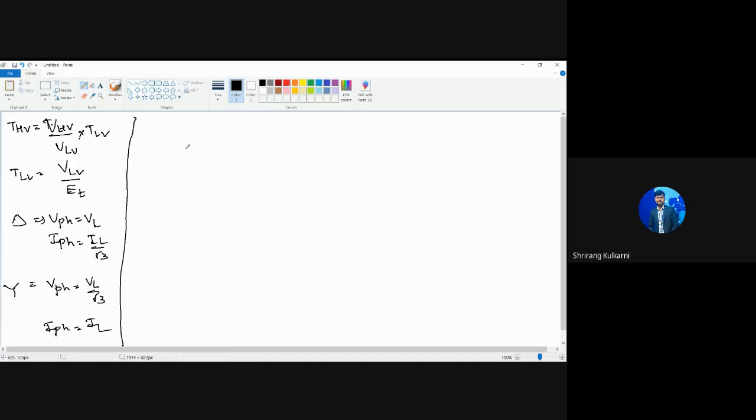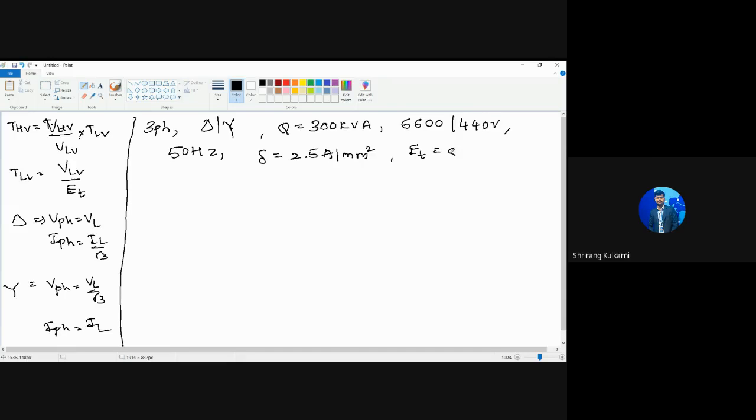It is a 3-phase transformer, delta by star type. The rating is given: 300 kVA. Voltage is given: 6600 by 440 volt. 50 hertz is given. Delta value, the current density, is given as 2.5 ampere per mm square. Then ET value is given as 8.5 volt.